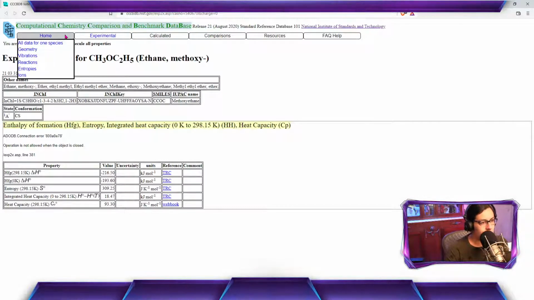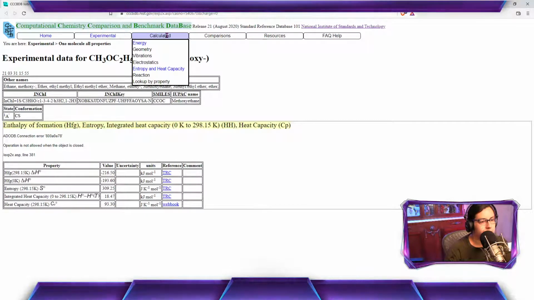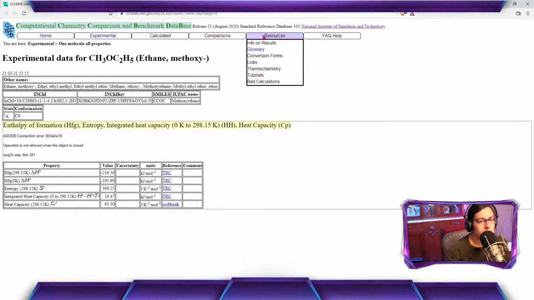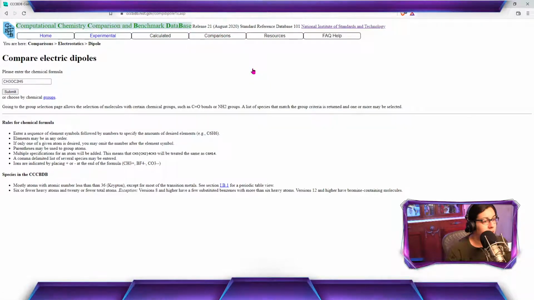I'm not sure that they've calculated the dipole moment. Oh, there we go. Dipole.